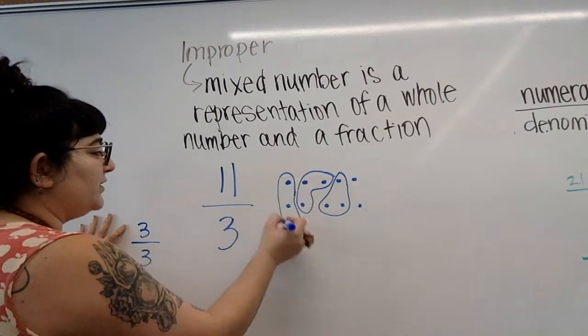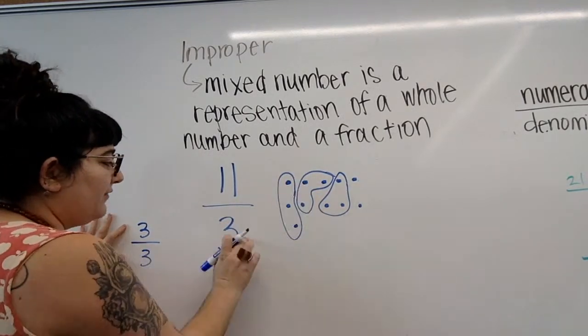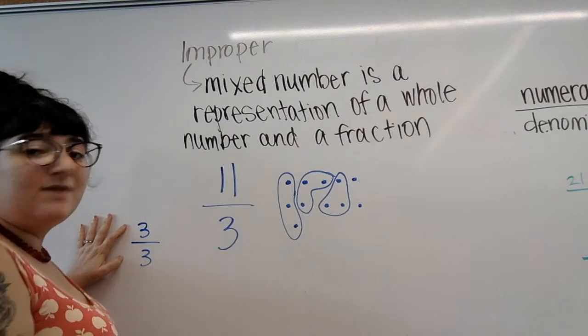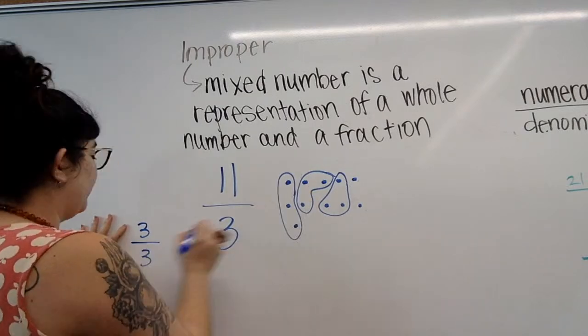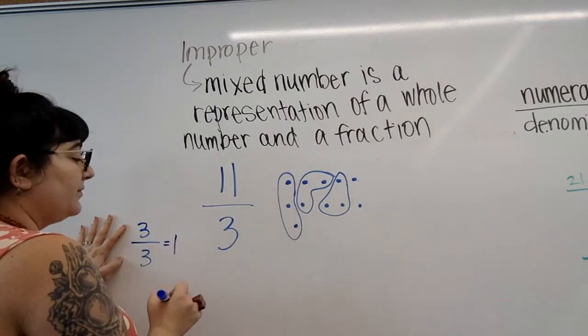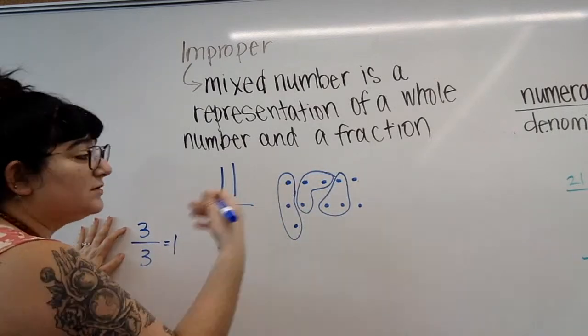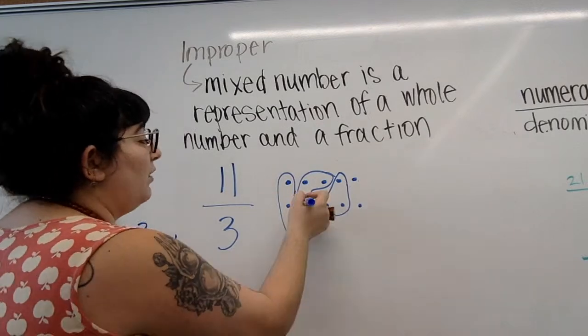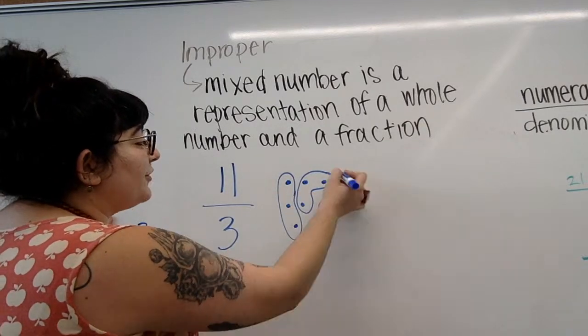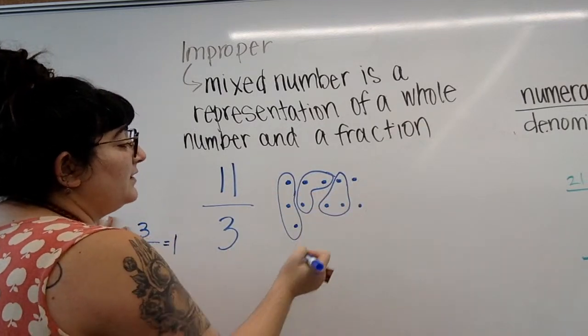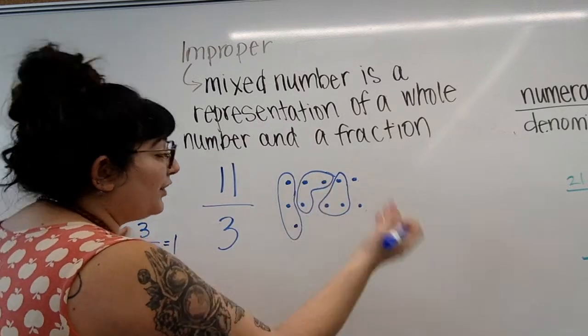Each time I'm circling, that's 3 out of 3. So if I have 3 out of 3, that equals 1. And if I have another 3 out of 3, that's going to equal 2 wholes. If I have another group of 3, that is a third whole, right?